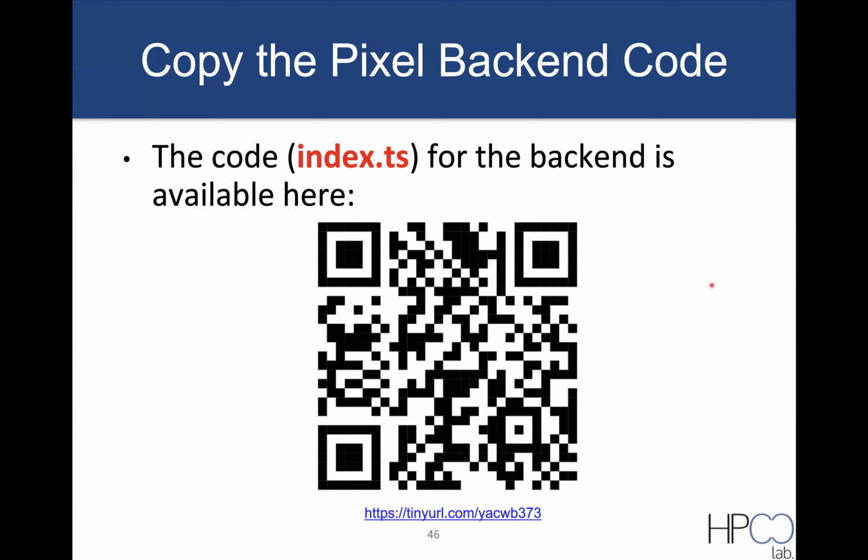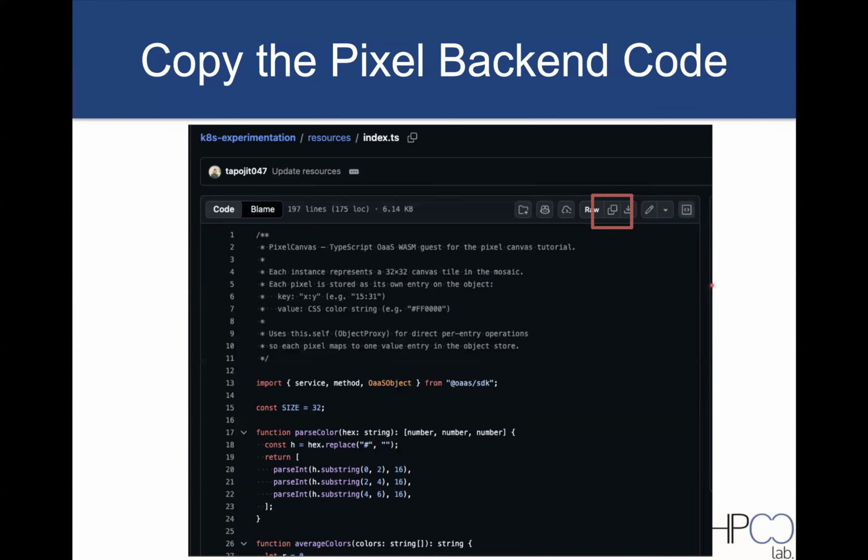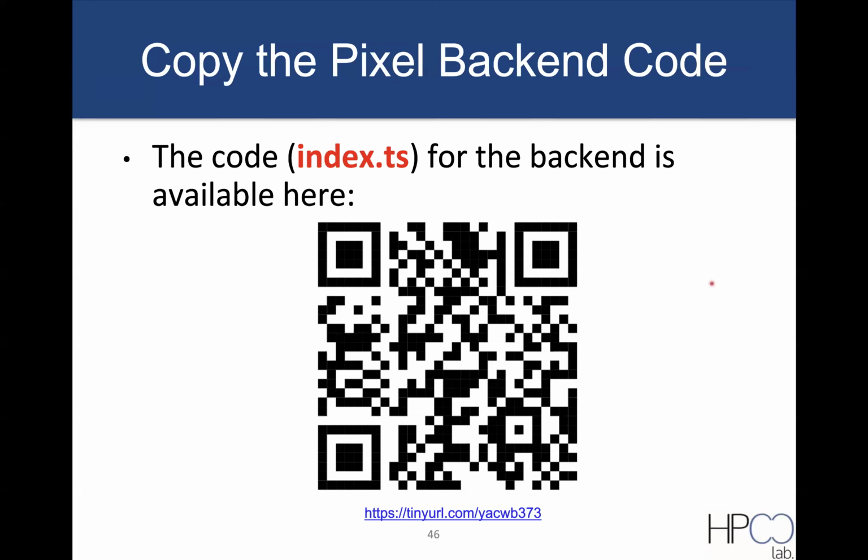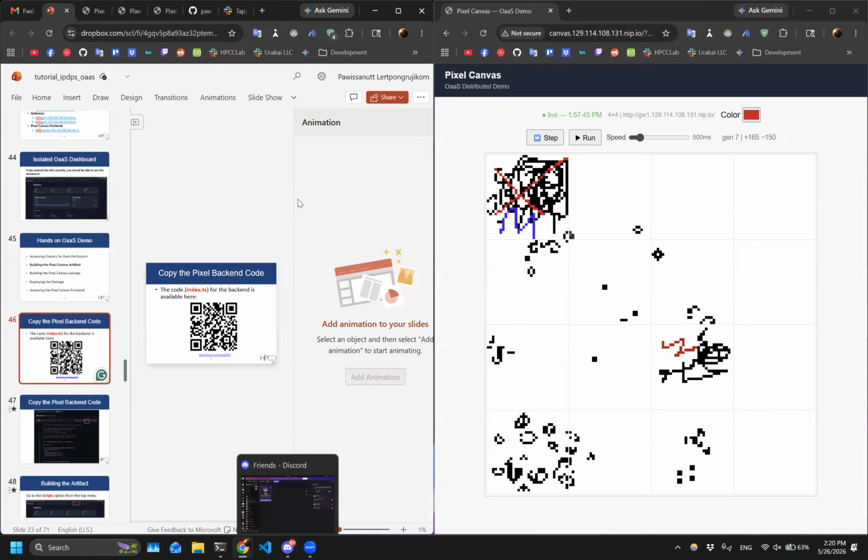Can you go to this URL and copy the code, index.tx? This is a GitHub repository. You can scan it. I think this is a bit difficult. They're supposed to have the presentation link somewhere. Maybe you can enlarge the URL. What I did was send the link to myself.